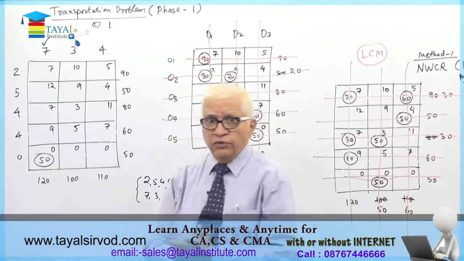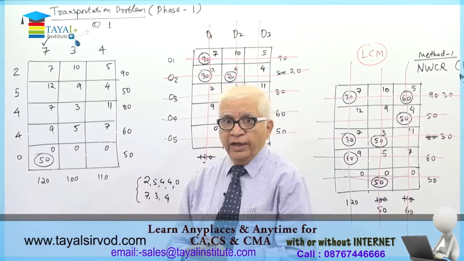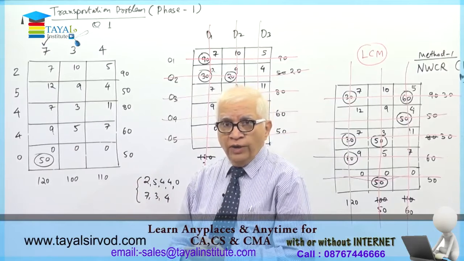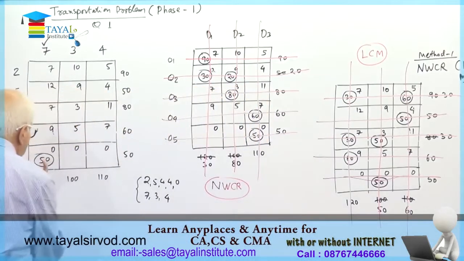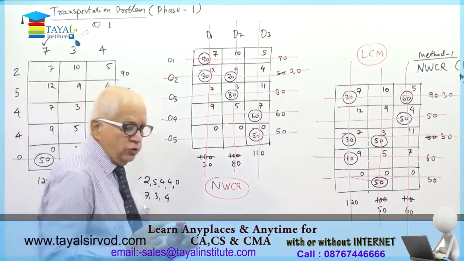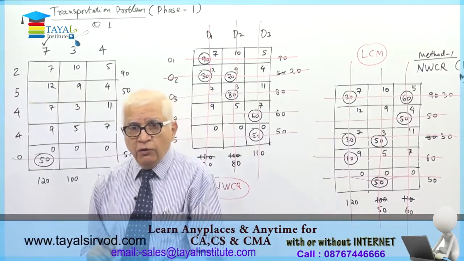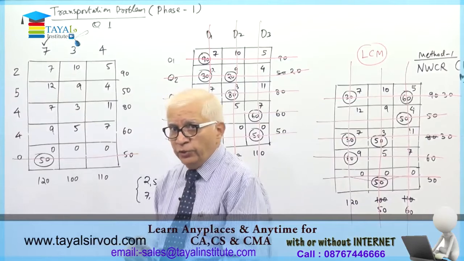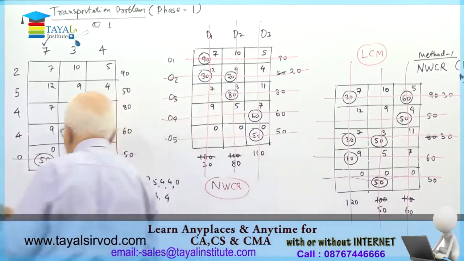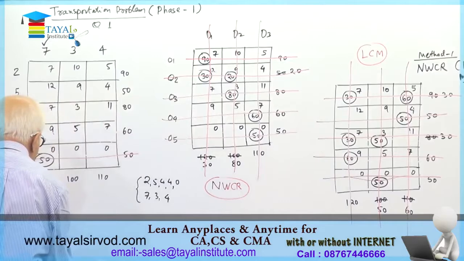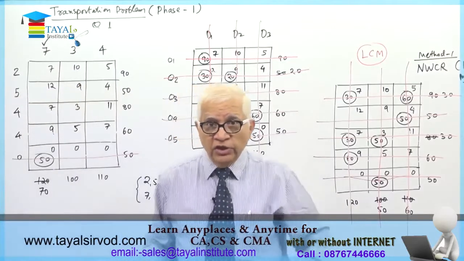After making the allocation of 50, you will see that the availability at row number O5 is fully finished. Therefore, I need to delete this row. What happens to the demand of this column? The demand of this column was 120, of which I have already supplied 50 units. Therefore, the balance demand is 120 minus 50, that is 70. Good. So, first allocation successfully made.